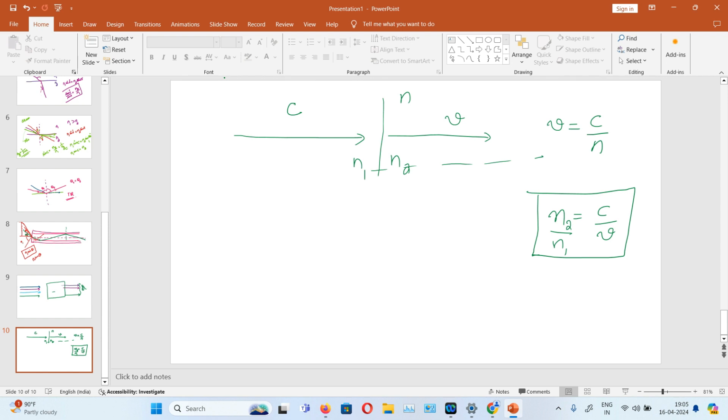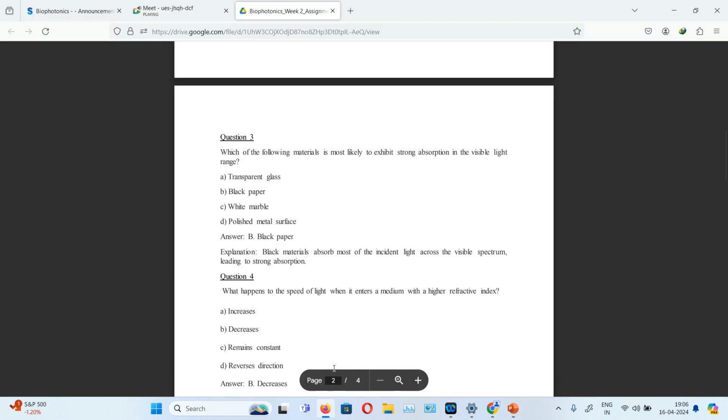The velocity is getting decreased. So B, decreases.